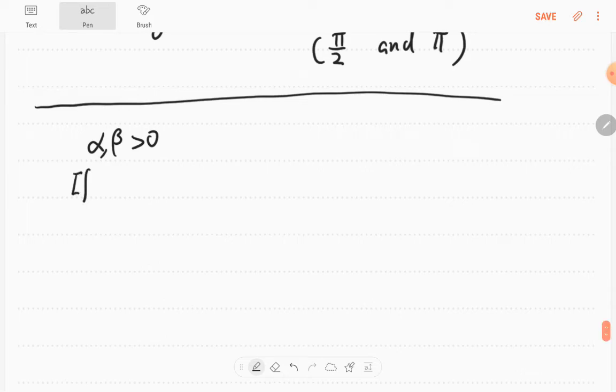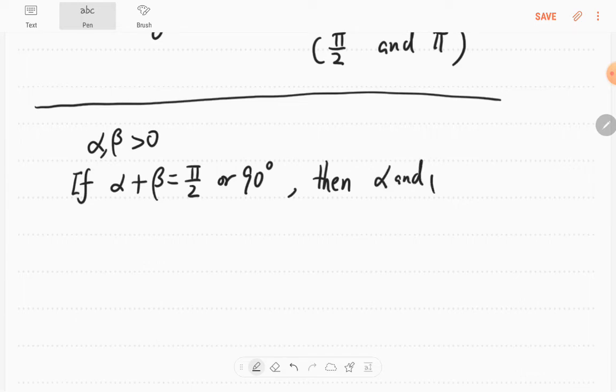If alpha plus beta equals pi over 2 or 90 degrees, then we say alpha and beta are called complementary angles.